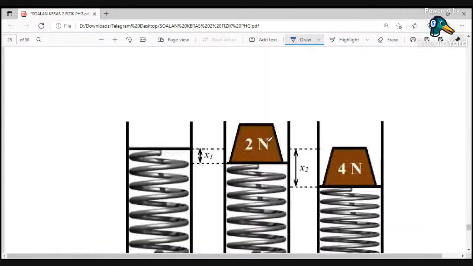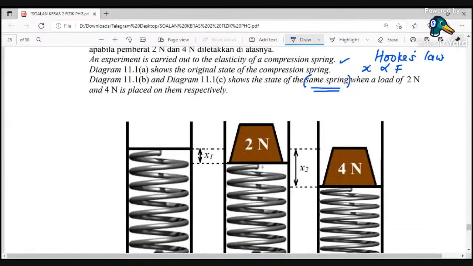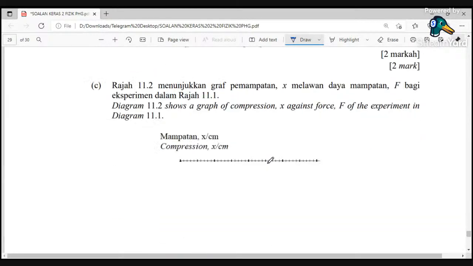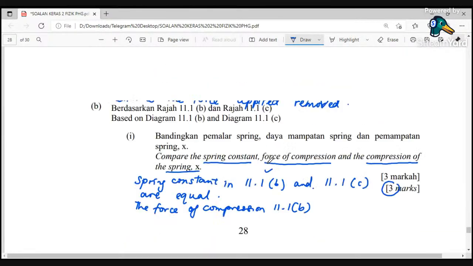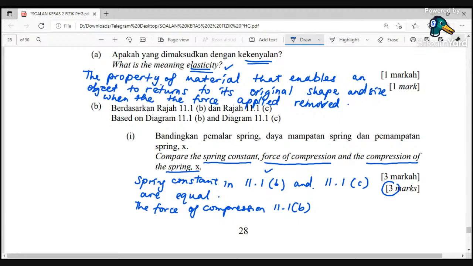Ini force berapa? 2 Newton. Ini force dia. Ini force yang ni, kedua 4 Newton. So nampak jelas lah kan, magnitude dia lebih kecil. 11.1 B is smaller. Saya lebih prefer kalau student tulis perkataan instead of using this symbol.